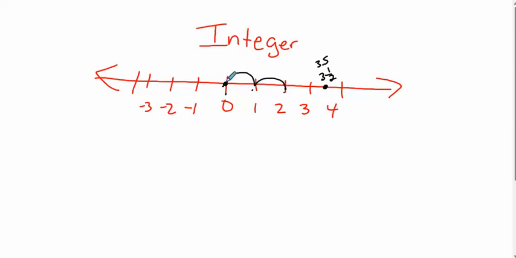Nope, you go 1, 2. Okay? Let's say if I were at positive 3 and I move on the number line 5 places to the left, where would you be? 1, 2, 3, 4, 5. I would be at -2. Okay? So it's just starting you on the number line.